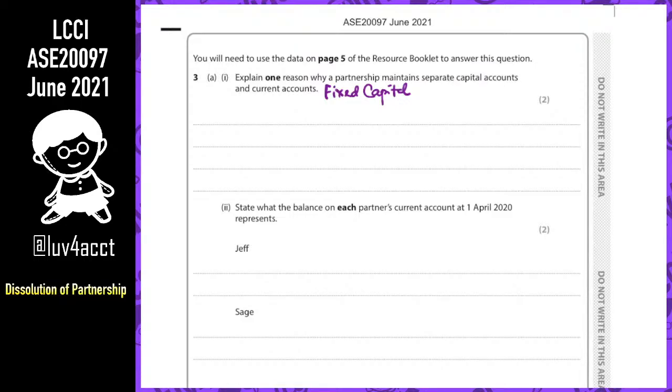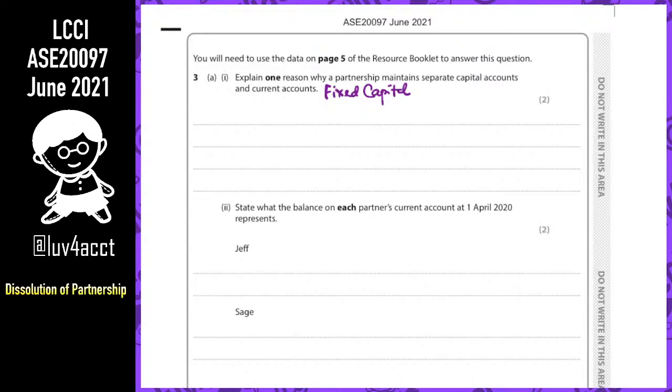So why 2 marks? One reason. Usually I would say for this, because capital is registered with the government. That's why we do not want to always be changing it. So this is usually the first explanation that I would like to give.